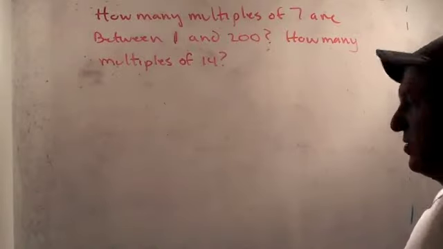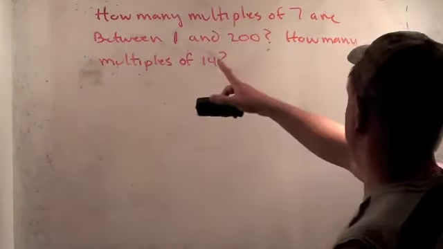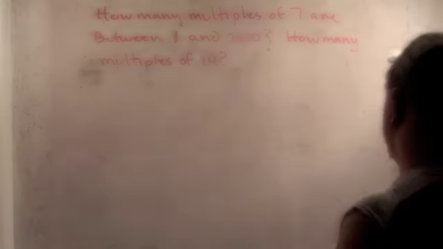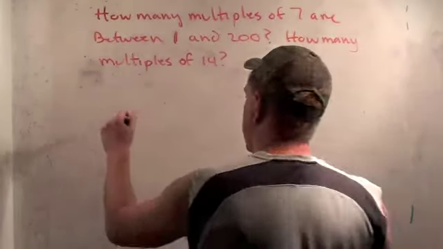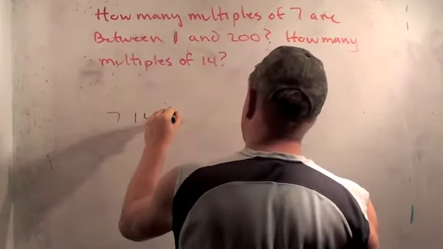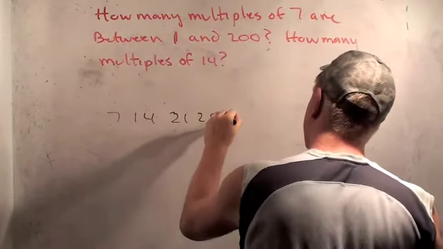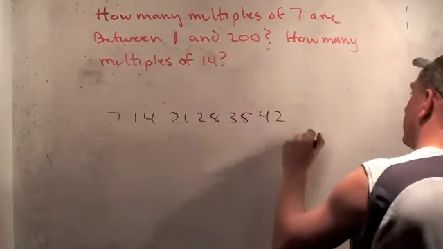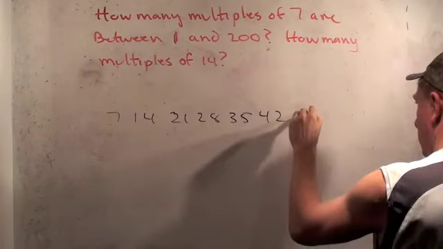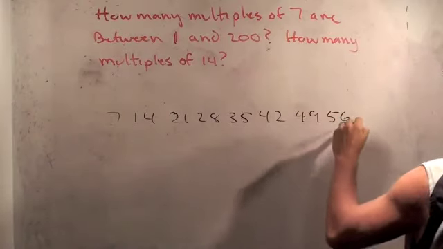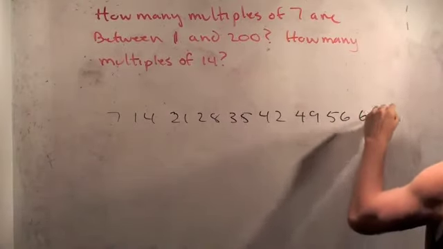So let me just do a recap of how Kogan solved this problem. How many multiples of 7 are between 1 and 200? He wrote 7, 14, 21, 28, 35, 42, 49, 56, 63, 70.